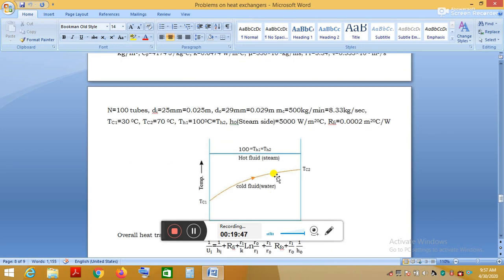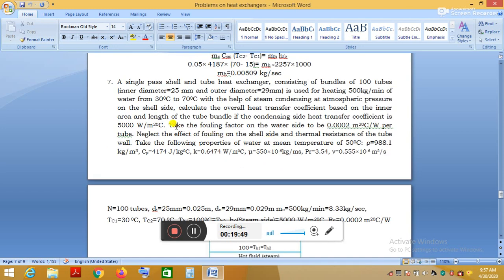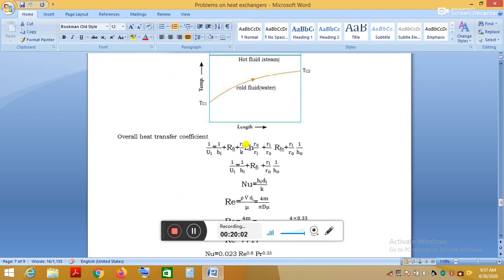But he asks us to neglect the effect of fouling on the shell side and thermal resistance of the tube wall. Therefore, in these equations, the thermal resistance of the tube wall is given by ri/k, which we can neglect because he asks us to neglect it.